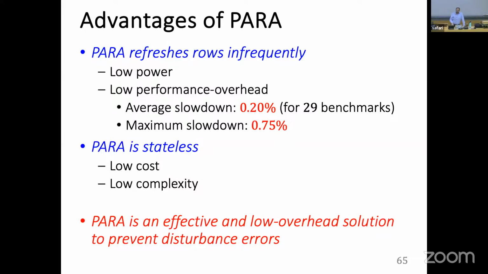The question is whether ECC RAMs are also affected. Yes, they are affected. This is a circuit-level phenomenon. It happens to them as well. If you have error correction capability, then you can correct part of the errors, but it doesn't guarantee that you can correct all the errors. If your bit error rate is above some level, then you cannot actually protect it.